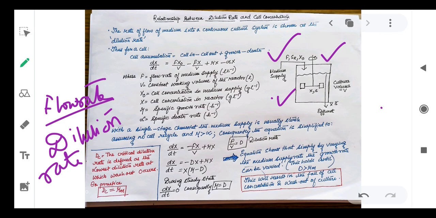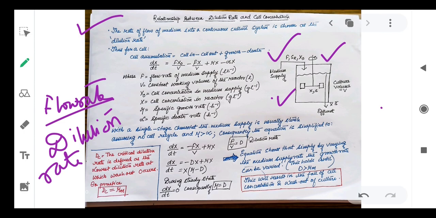The first point I will be discussing is the relationship between the dilution rate and the cell concentration. I keep talking about the dilution rate because it brings about a change in cell concentration, and that may affect your fermentation. So that kinetics needs to be understood.